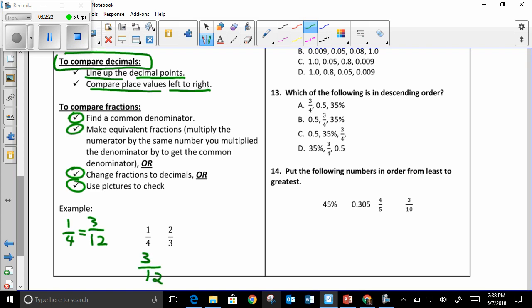You could change the 2/3 to something over 12 by multiplying by 4, and you would get 8/12. If they have the same denominator and you're able to do that, then it's much easier to compare. So obviously 3/12 is less than 8/12, or 1/4 is less than 2/3. If they have different denominators and you can make them have the same denominator, change that, then it's easier to compare, or change your fractions to decimals and then compare.